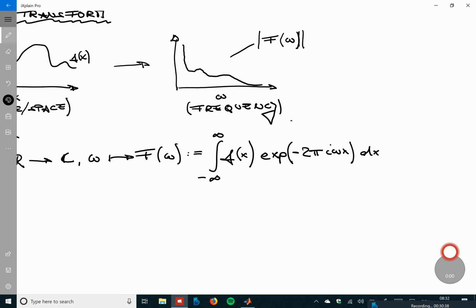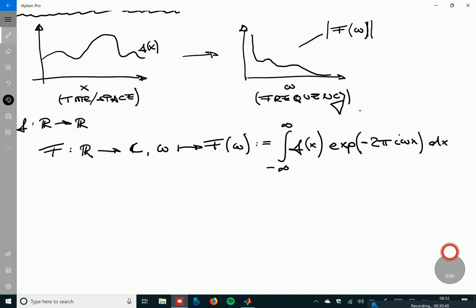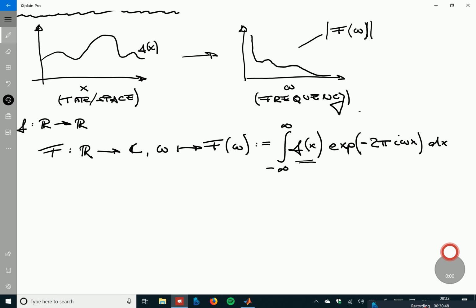So how this works is that you have a function f, you know how this function looks, and if you want to evaluate the Fourier transform, you need to multiply each value of the function f with this complex exponential term and integrate over all x. And you do that for all omega, and then you get something out that depends, of course, on how the function f looks and the integral that then comes out.